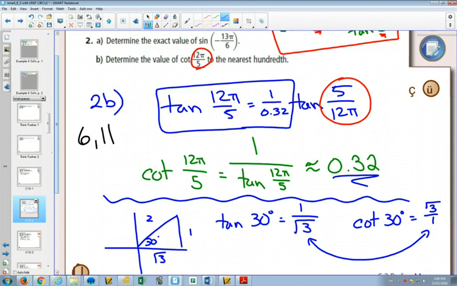Now, if you type in tan of 12 pi over 5 into your calculator, it's not going to appear as 1 over 0.32. It's going to give you a different decimal. It's going to come out to be 3 point something. But when you do the reciprocal of that, you will get 0.32. Yes? Yeah.